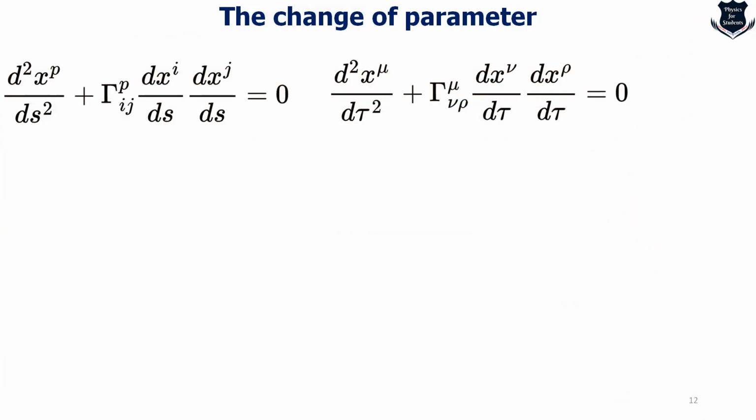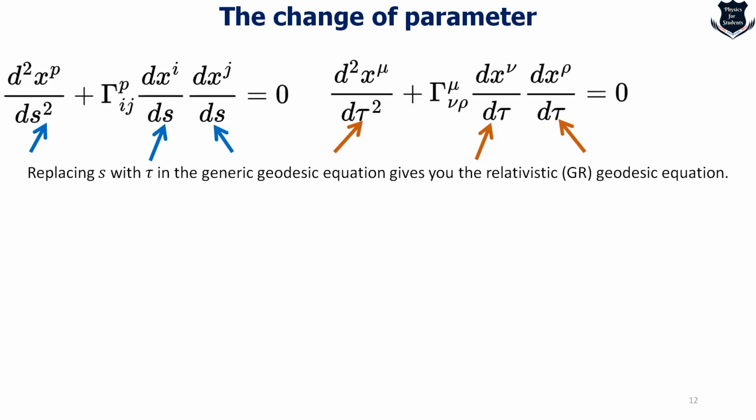How does this happen? Is it just a mathematical trick? Here I have highlighted the blue arrows denoting s, and the red or maroon arrows denoting tau. What I am trying to explain is that replacing s with tau in the general geodesic equation gives you the relativistic equation.